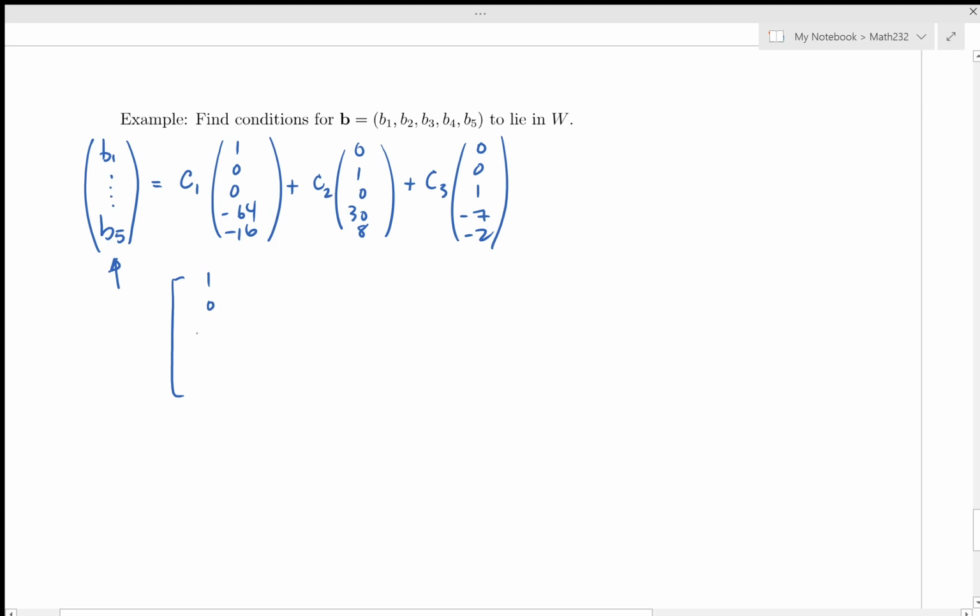1, 0, 0, minus 64, minus 16, 0, 1, 0, 30, minus 8, 0, 0, 1, minus 7, 2, like that, and b1, b2, b3, b4, b5.